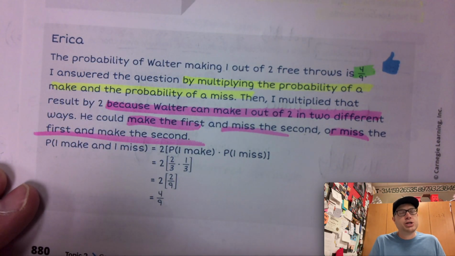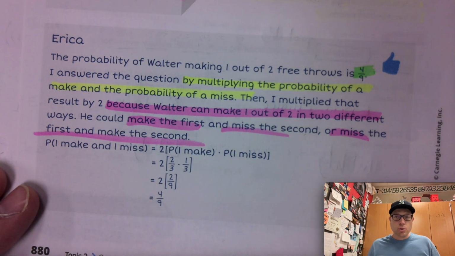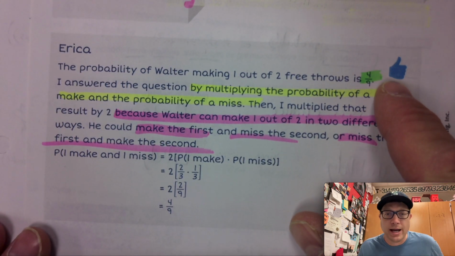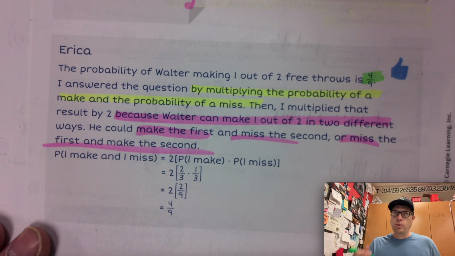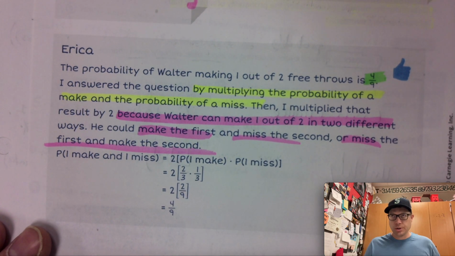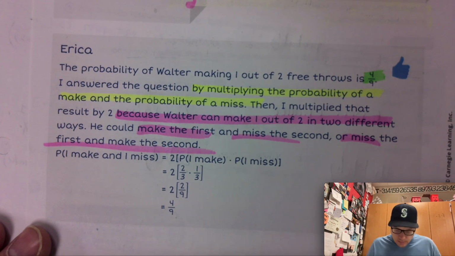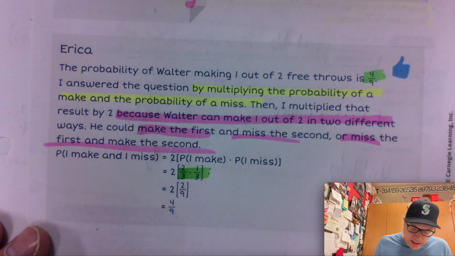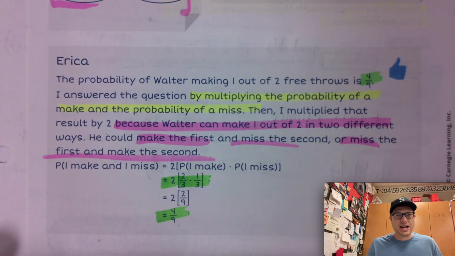So there's a combination of Miguel and Julie, and together they do what our curriculum says is right. That is the correct way of thinking. So there are 2 ways that Walter can shoot free throws, making and missing, or missing and making. They've got his probability, and they got the 2 different ways, so therefore 4/9, and that's correct.